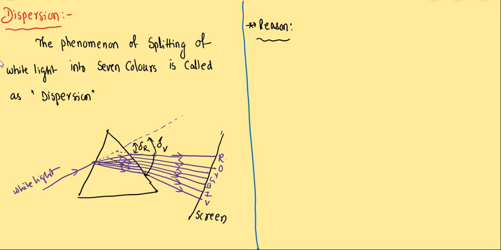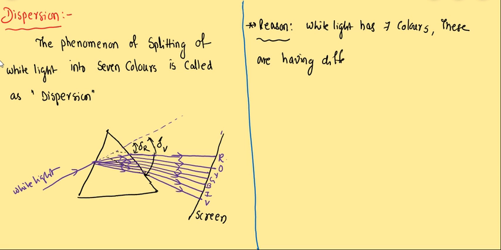That means white light has seven colors, and these are having different wavelengths.